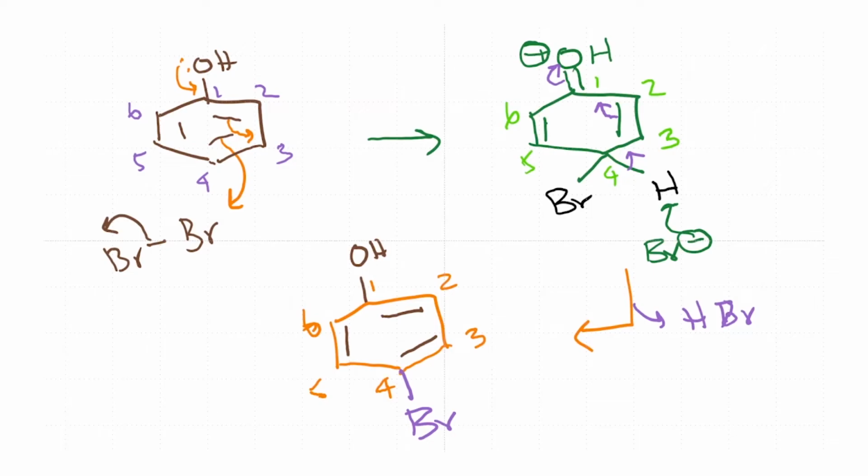Okay, now to understand the tri-substituted reaction, let me just redraw bromophenol, OH and Br, and so you have an electron withdrawing group by induction, and an electron donating group by resonance.